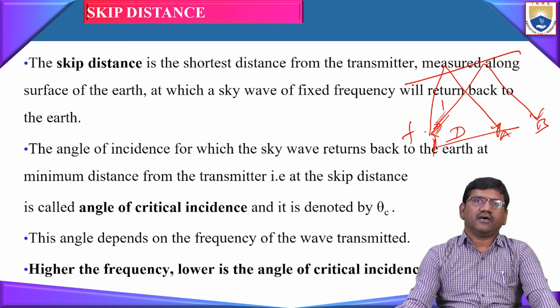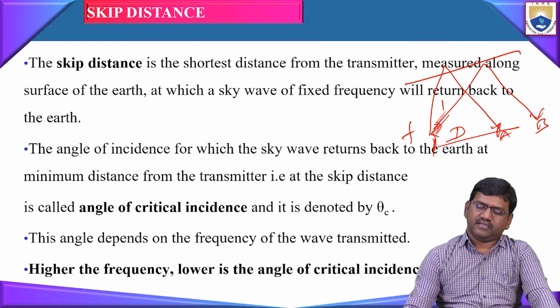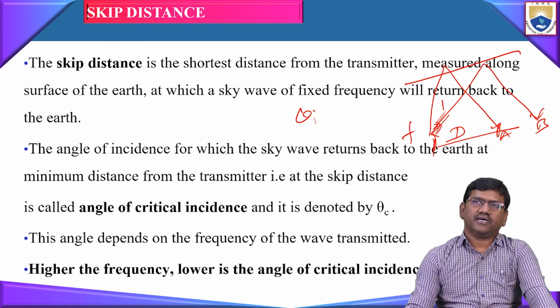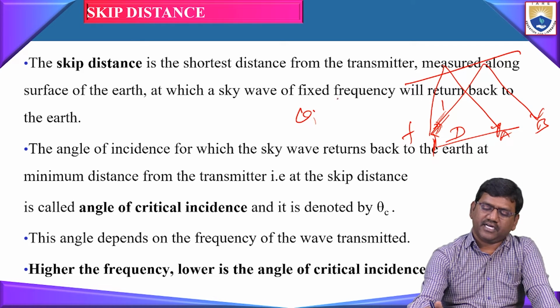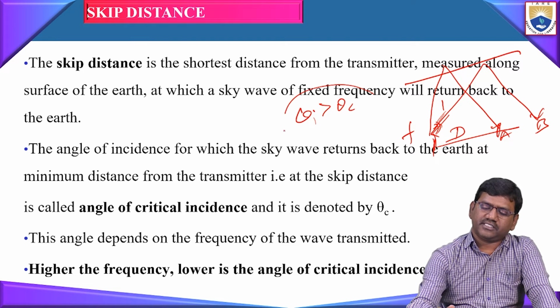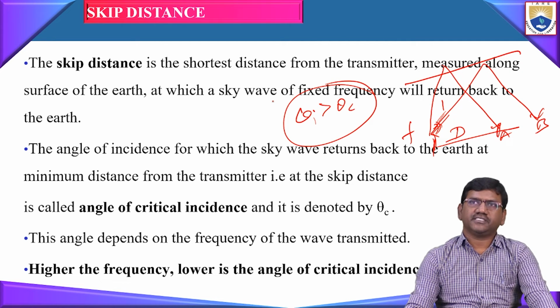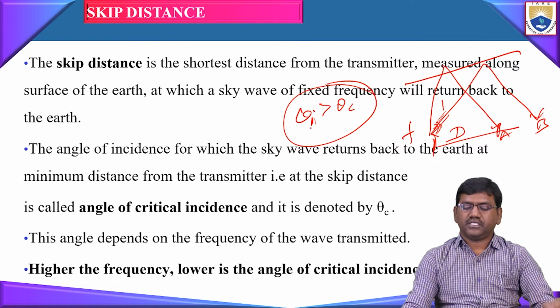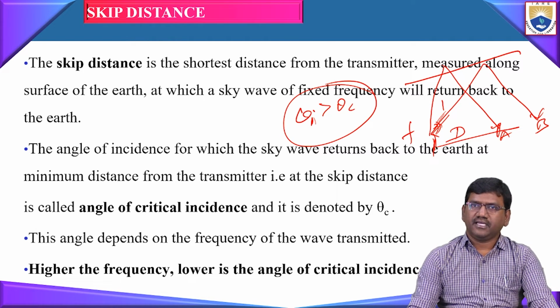Always remember that the angle of incidence we send depends upon the critical angle. That means the angle of incidence must be greater than the critical angle so that the minimum distance is achieved, with the rule that theta i must be greater than theta c.